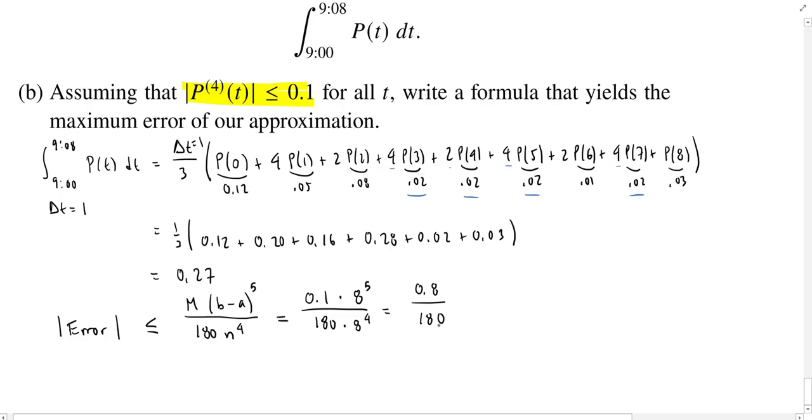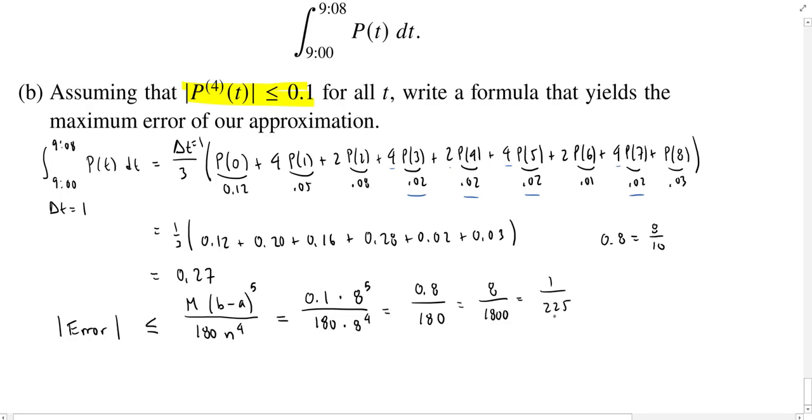All right. If we wanted to go a little bit further with this, we could recognize 0.8 is 8/10. So I could rewrite this as 8/10 over 180, or 8 over 1800. And if I wanted to simplify, we'll cut it in half and we get 4 over 900, 2 over 450, 1 over 225.